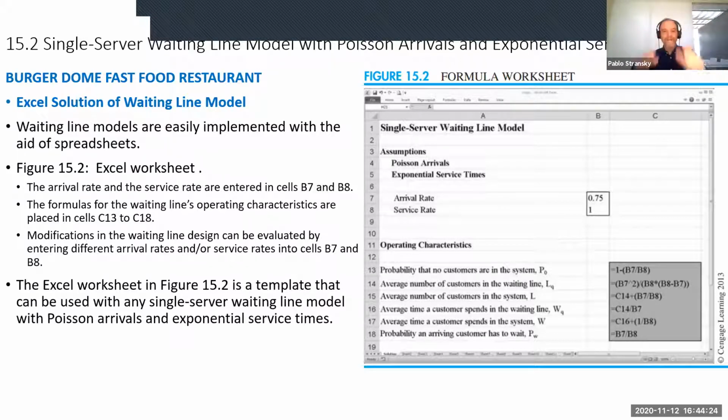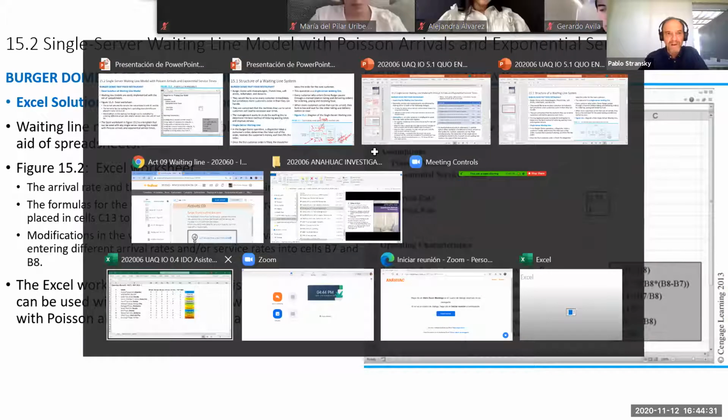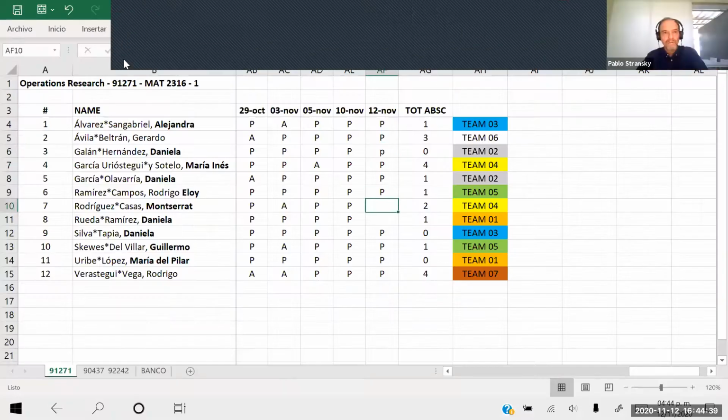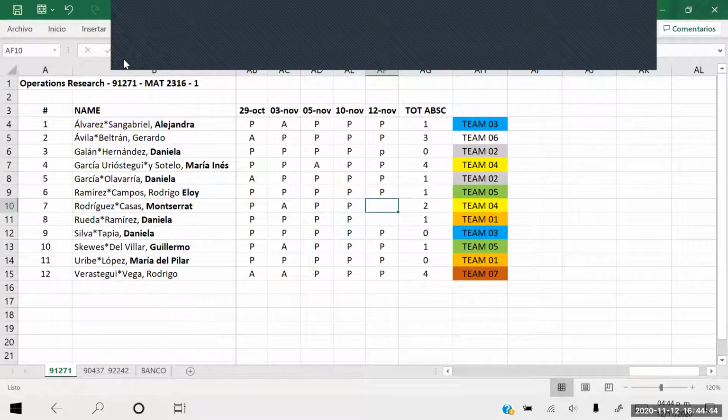Let me go fast to the roll call before I forget. Is Daniela Galan with us? I haven't heard her. Yes, teacher, I'm here. Okay, I'm glad to hear you. Monse, is she with us? Yes, I'm here, teacher. And Daniela Rueda?